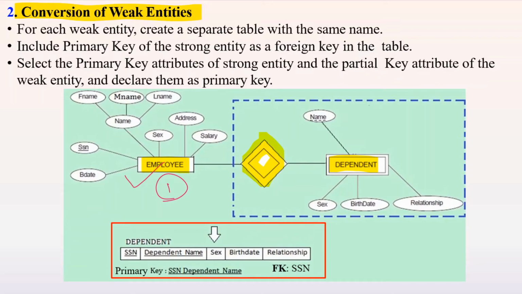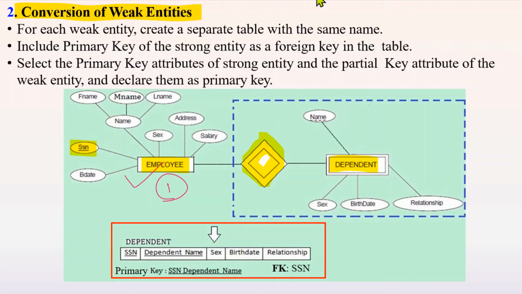For conversion, we have to identify each row of the dependent table using the primary key of the strong entity. Here the strong entity is employee, so we will use its primary key, SSN, to identify each row of the dependent or weak entity.